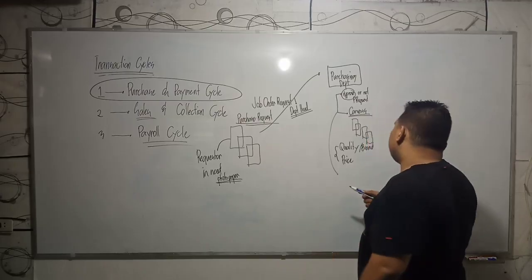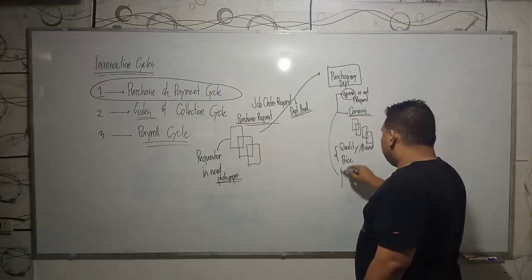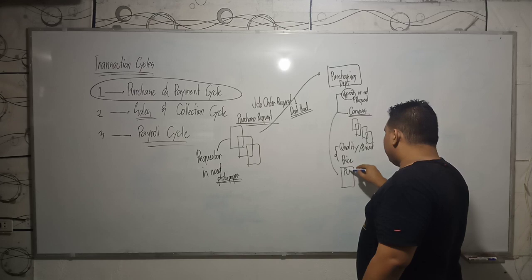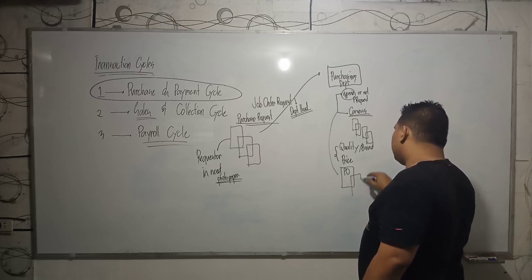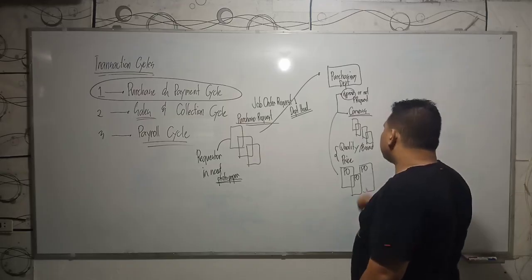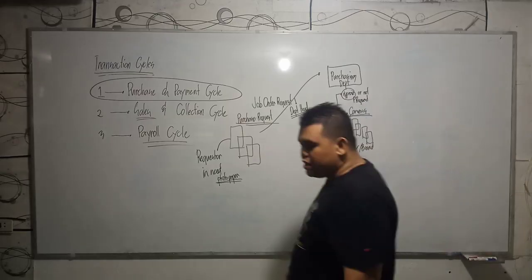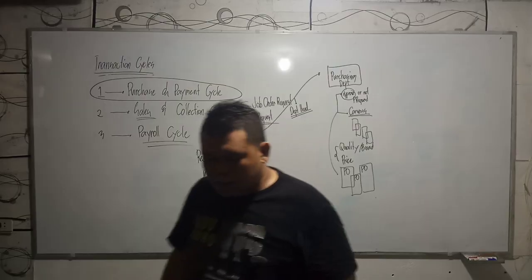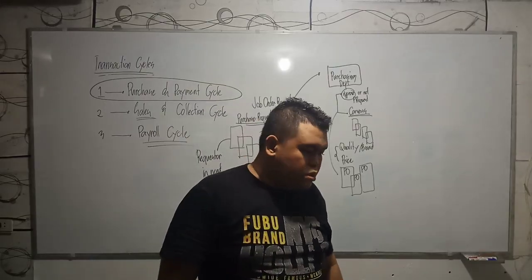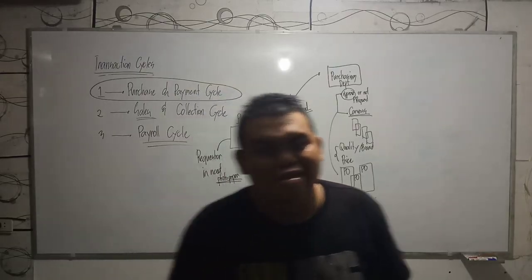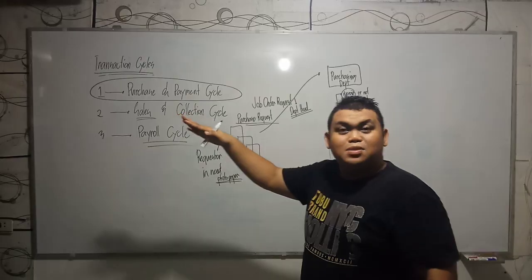Right? And the winner will receive the purchase order. So the purchase order also is being made by the purchasing officer, but sometimes it is yet to be approved by the higher-ups, the members of the management.